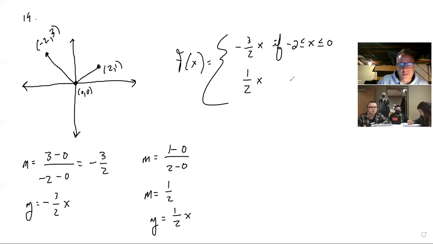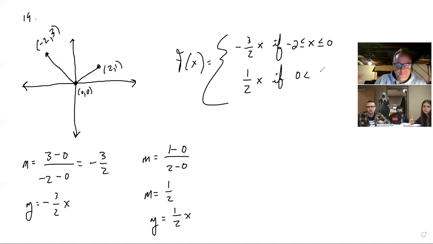Now, this one's going to be defined between 0, and I could not have two different x values. You have to define either this goes up to less than 0 and this is less than or equal to 0, or vice versa.